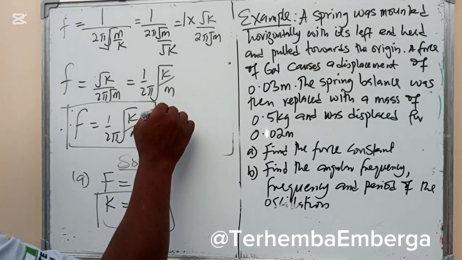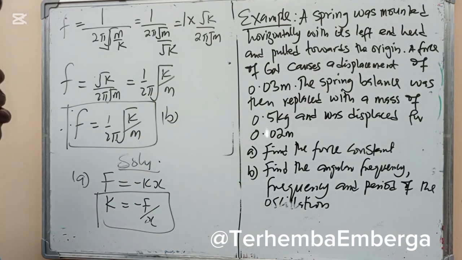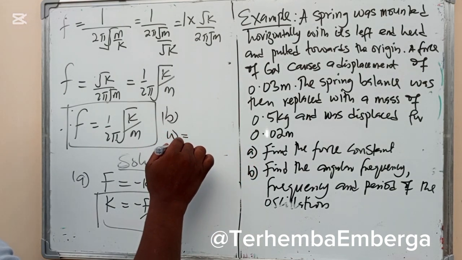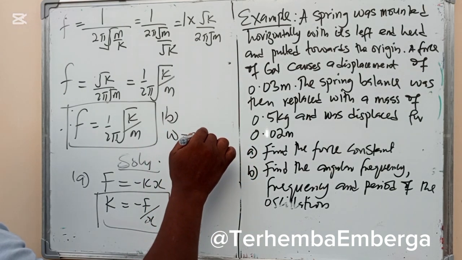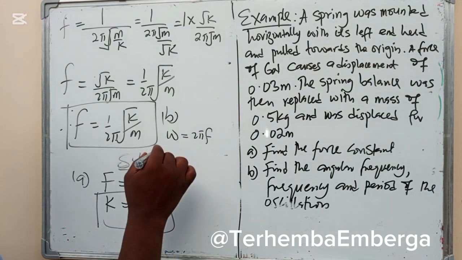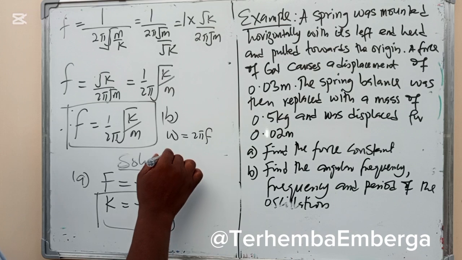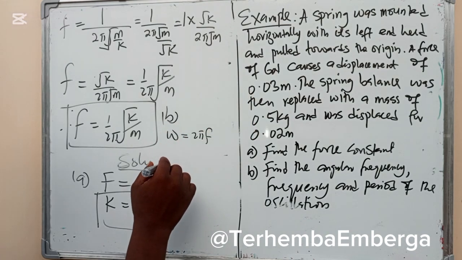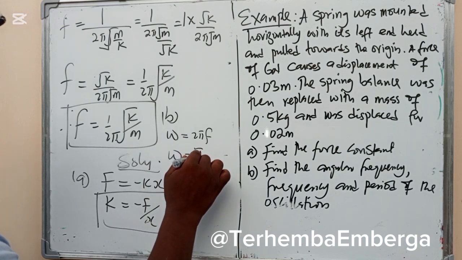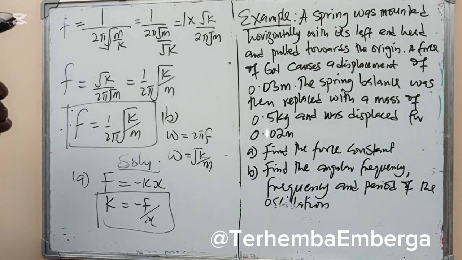And then for the B part of it, find the angular frequency. Angular frequency is equal to 2 pi f. Is that right? But what is omega? Omega is not given. Is that right? So omega is square root of k all over m.